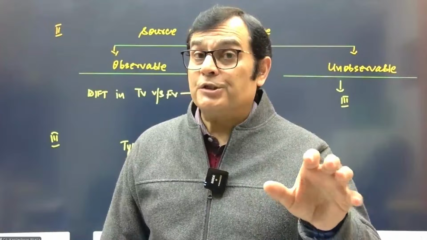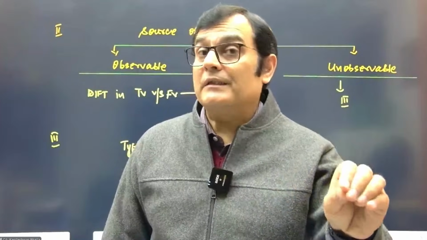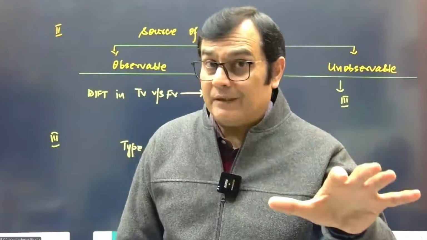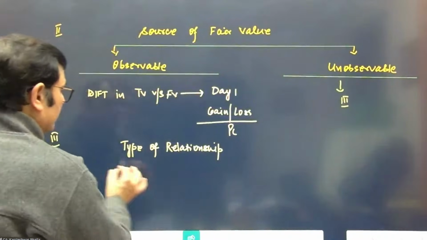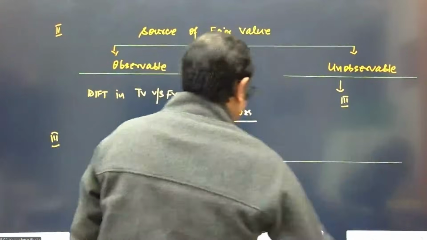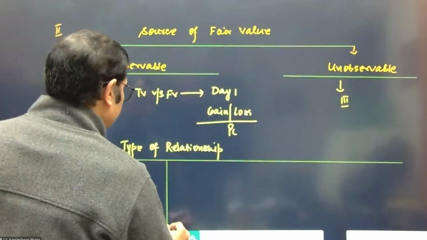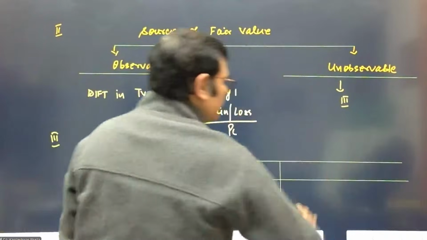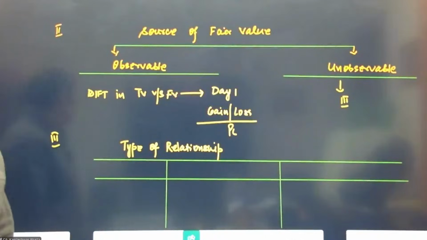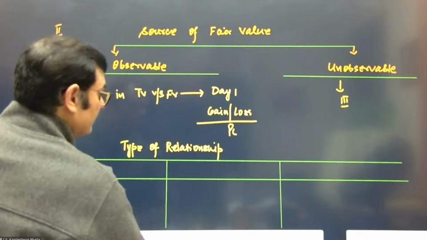There can be more relationships, but that's what is covered in the illustrations and questions. So we'll scrutinize the type of relationship, and accordingly the accounting treatment will follow.